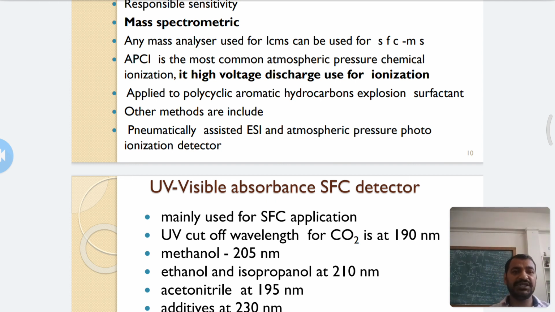It uses a high voltage discharge for ionization.